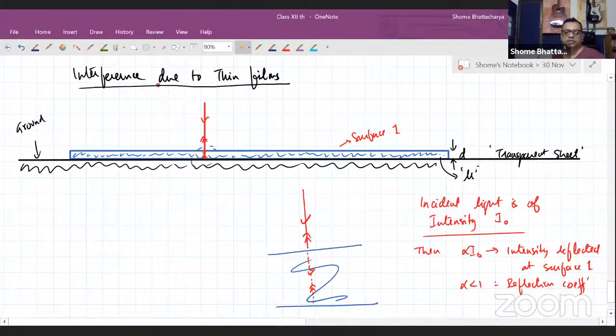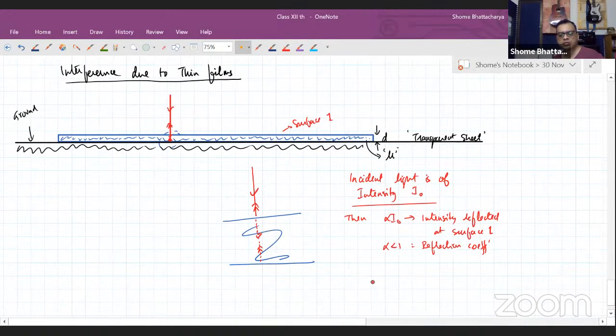Okay. And what will happen is beta I naught will be the intensity of light transmitted.